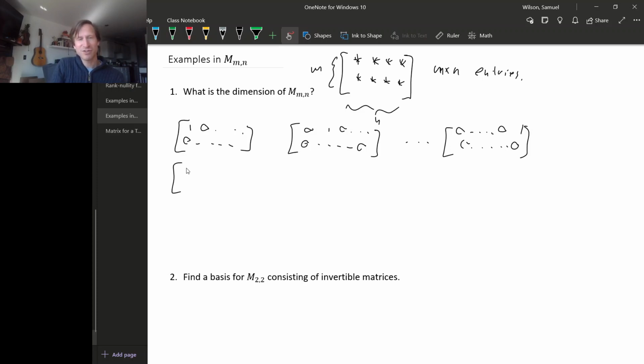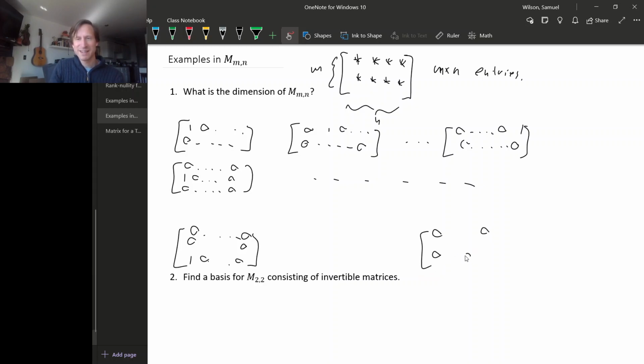You could have zeros in the first row, and then a 1 in your second row, and then zeros after that, and so on, all the way down to zeros everywhere except in the very lower left corner, and then zeros everywhere except in the lower right corner.